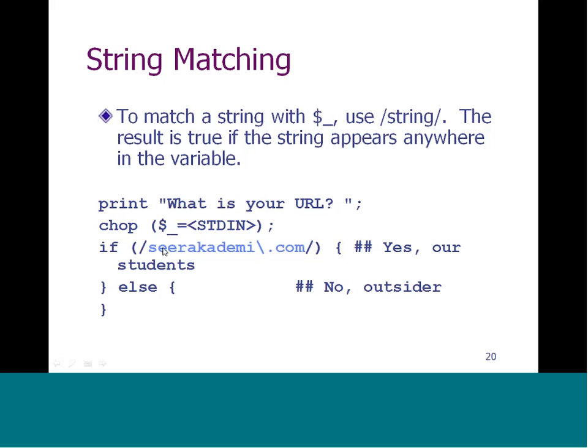So in this example, here people with sierraacademy.com as a URL, you can specify anything here, MS students or electrical engineering students dot sierraacademy.com, but as soon as it finds that sierraacademy.com is there as a substring of this particular string, then the result becomes yes.